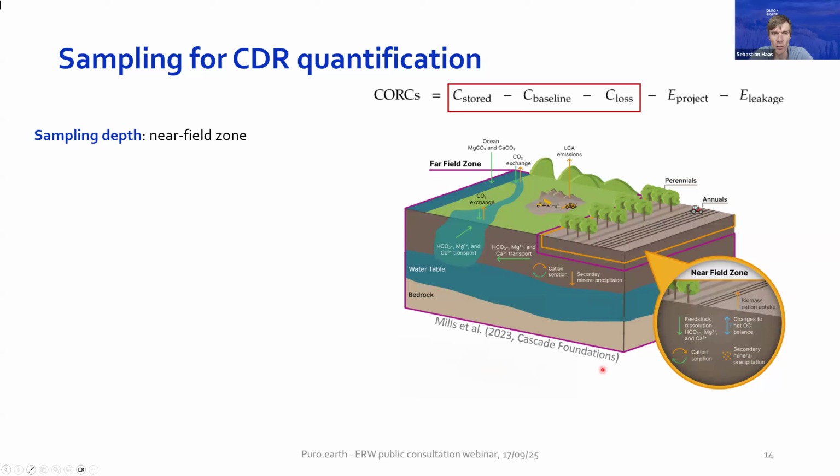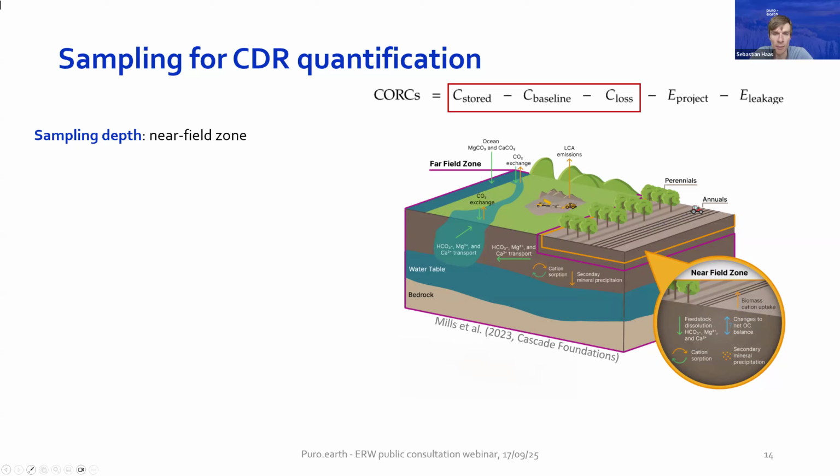At least that's where I first encountered it, which is a useful concept that defines the near field zone conceptually as the upper part of the soil layer in the field of an ERW production facility, and that upper soil layer is also defined as the part of the soil where most of our enhanced weathering will occur. So this is what we're interested in when measuring enhanced rock weathering activity.